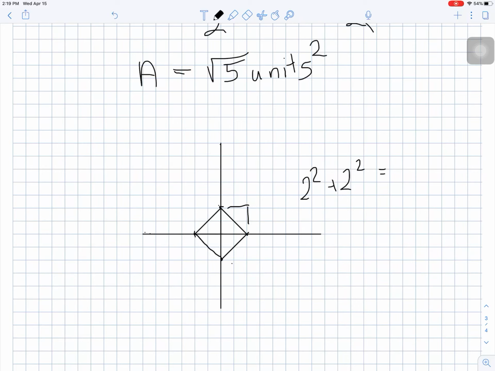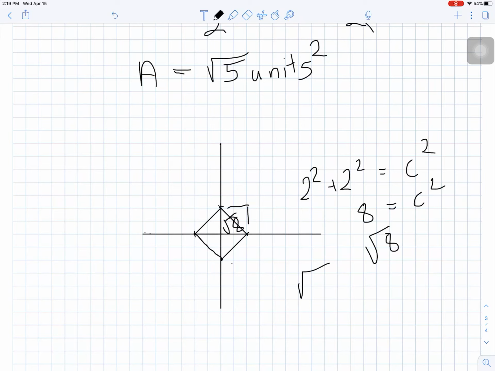So we have to do our Pythagorean theorem, which is 2 squared plus 2 squared equals c squared. So we get that this is going to equal 8 equals c squared, which means that we have the square root of 8 as our side length, right?